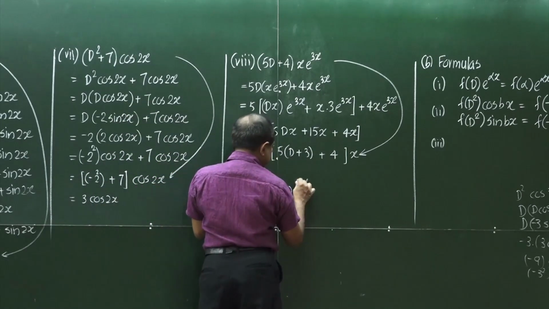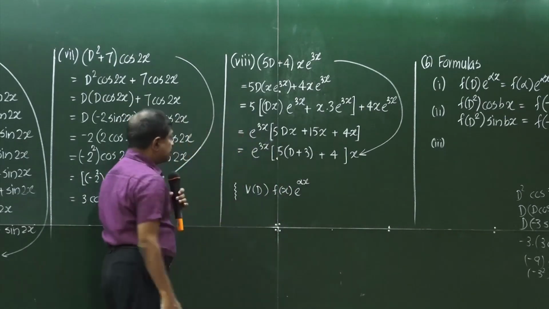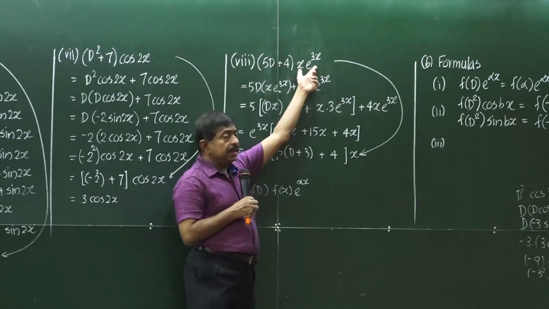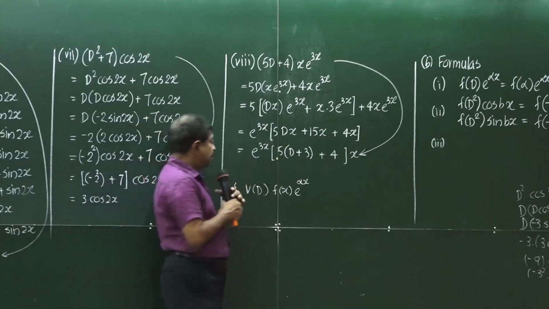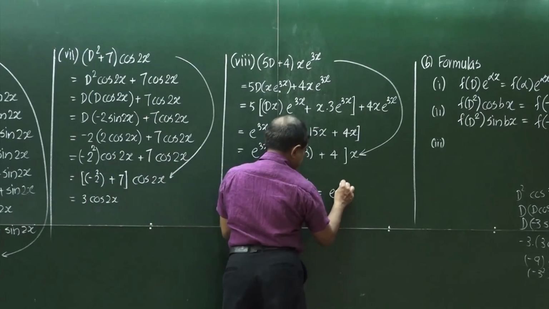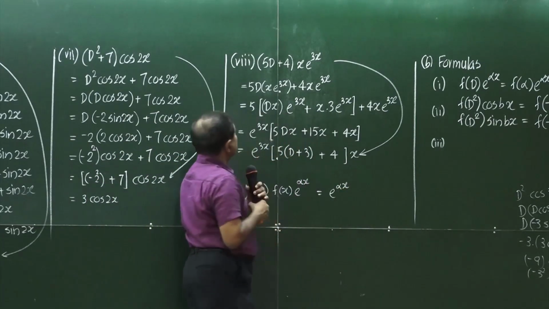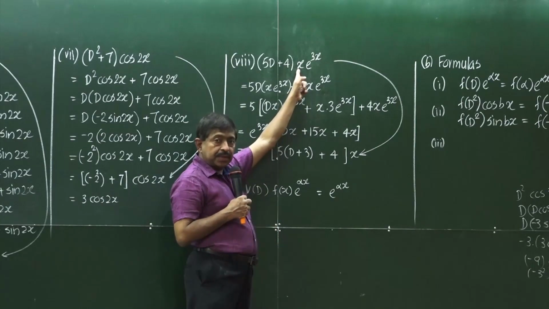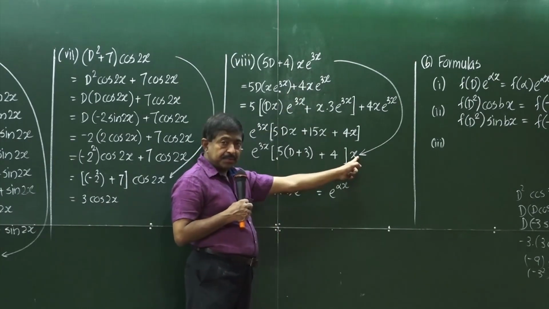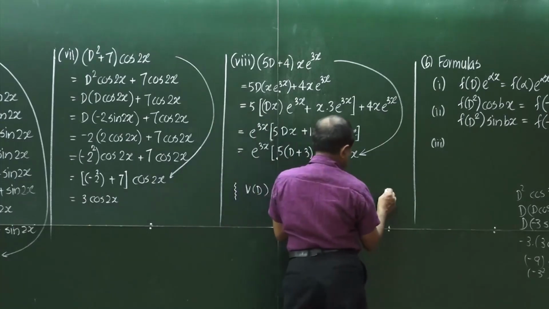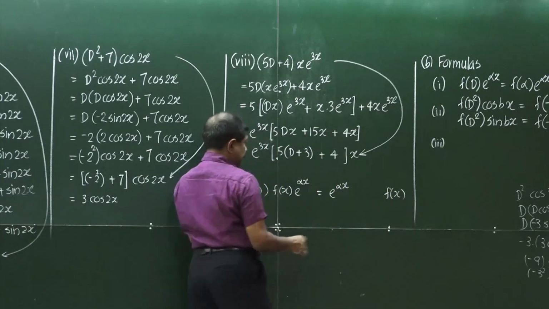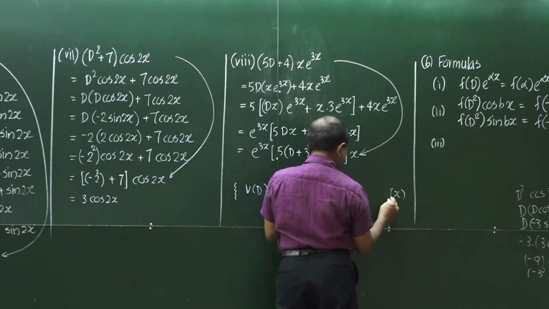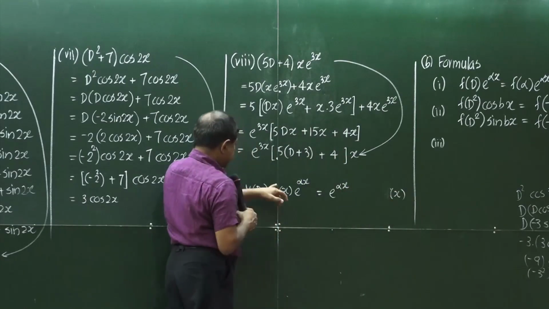General case alpha x. Now what happens? You can bring this out of the D operator. You have e to the power alpha x here. Earlier the function V(x) was x. You have the same thing here. x.